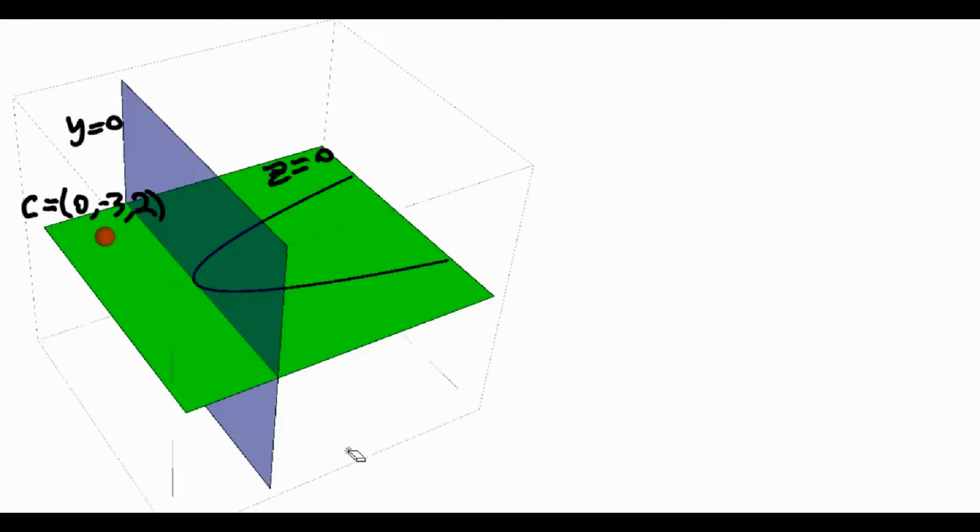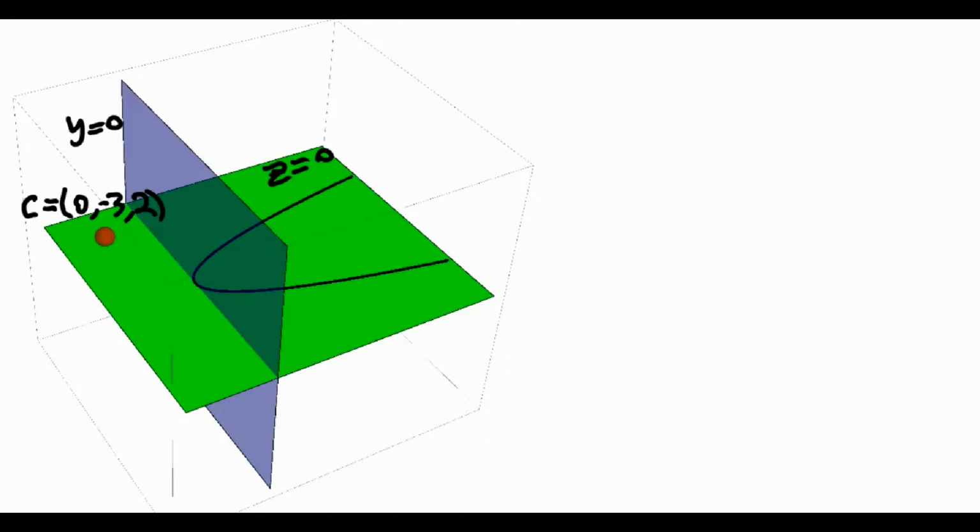So we're going to keep the same setup as before. We shall keep this z equals 0 plane as the scene, and the y equals 0 plane as the picture plane, and the viewing point again as 0, negative 3, 2.